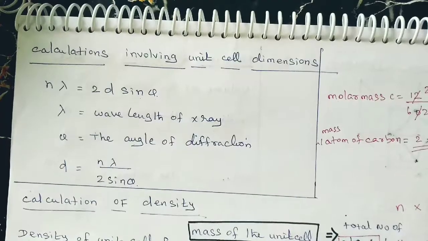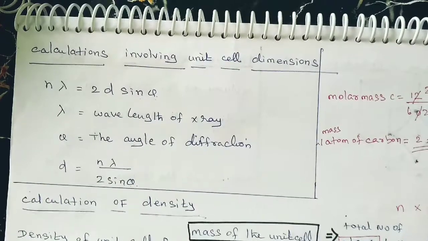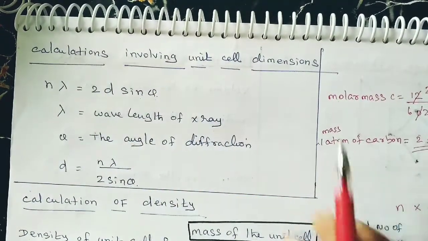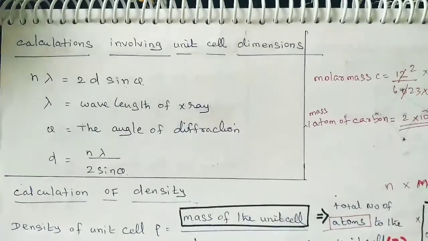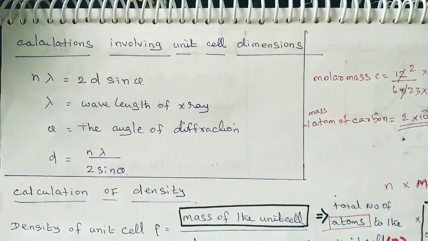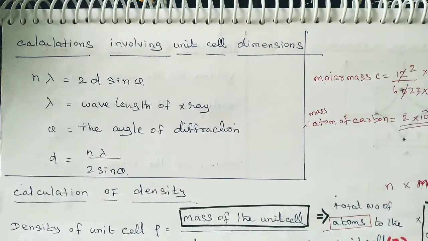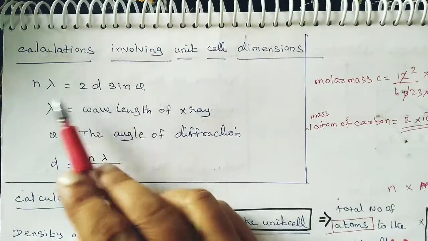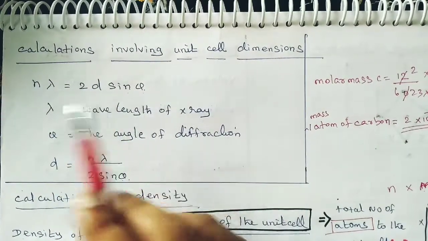Next one is the calculation involving the unit cell dimension. Whether the crystal system is simple cubic, body centered or face centered is determined by the formula n lambda equals 2d sin theta, that is the Bragg formula.